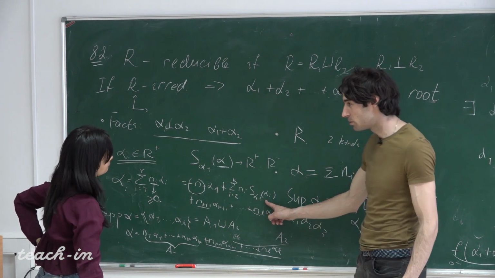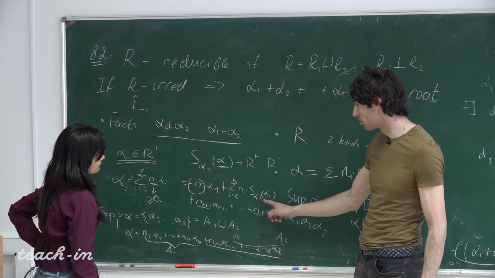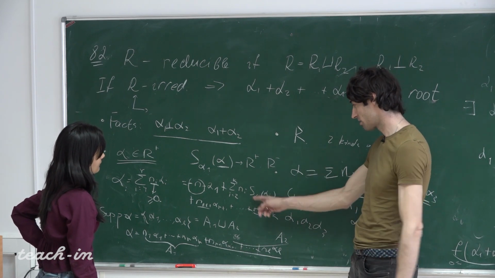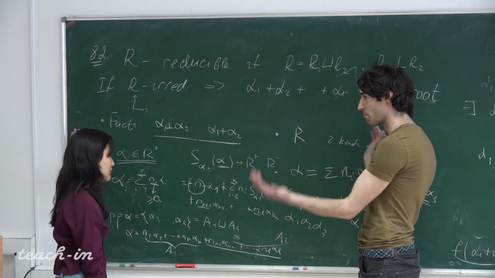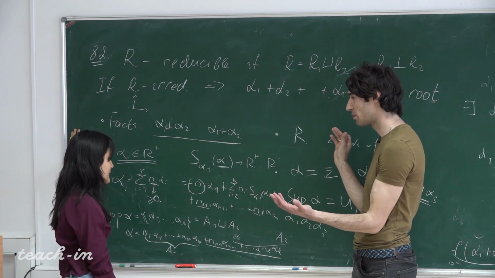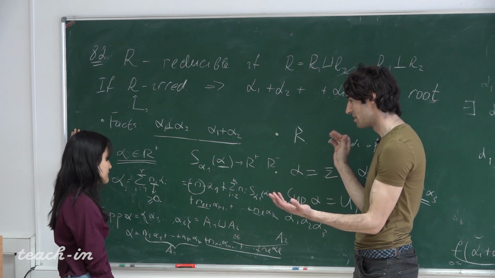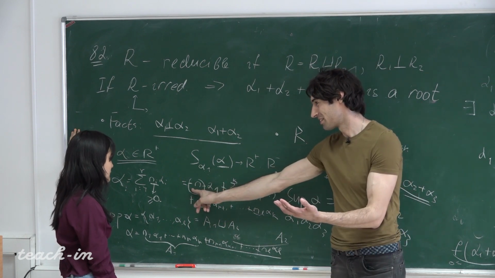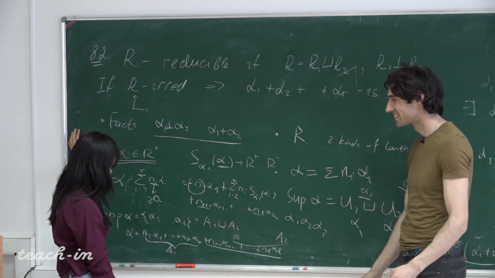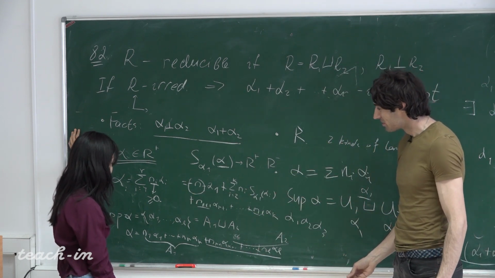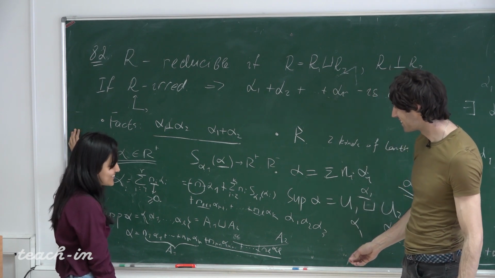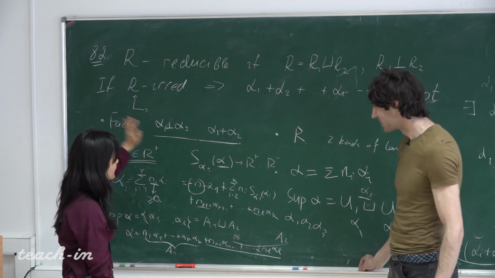So how do you know that you will not obtain... So this will be some roots that you have to decompose again as alpha i's, and you might obtain alpha 1 there somehow. That will again give this coefficient positive. Okay, yeah, that's true. Nice try. I like that, but okay, I don't know.